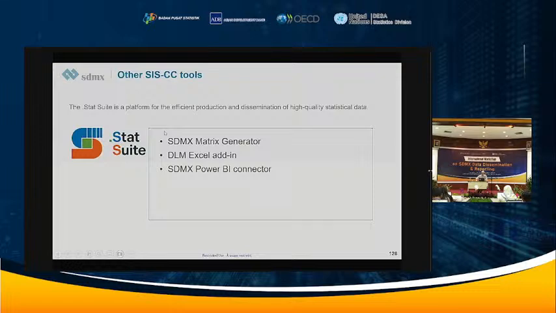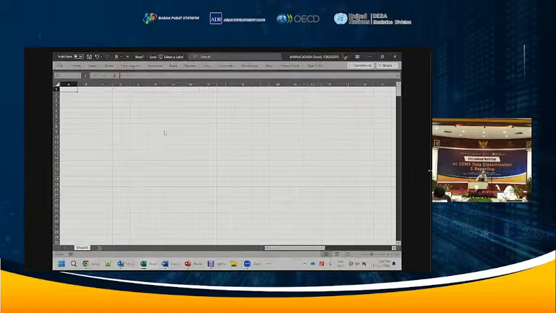Another thing is the DLM XL add-in. The DLM, this is the data lifecycle manager. This is the thing that we're going to use for the exercise. But the XL add-in is actually an XL add-in, surprise. What this is used for is to edit data or add data and edit reference metadata.